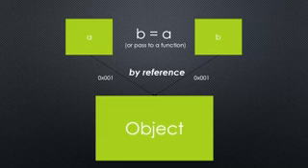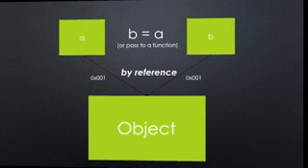This is called pass by reference, meaning no new copy of the object is made, but it's actually two variables pointing now to the same location in memory. And so when you change one, you change the other, because it's actually the same value.